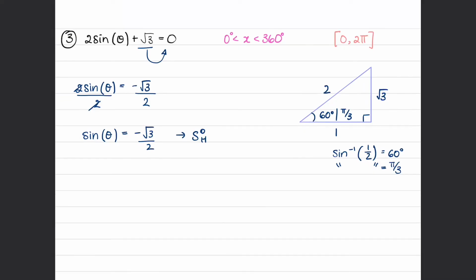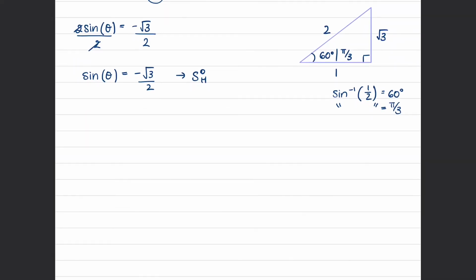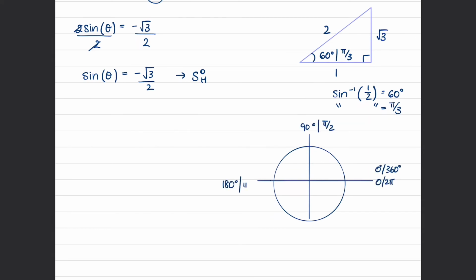So now what we need to do is go back to our unit circle. I'm just going to quickly label my unit circle. Alright, so now we know that in our quadrants we've got the following properties. If we look at sine, we know it's positive in the first and second quadrant.